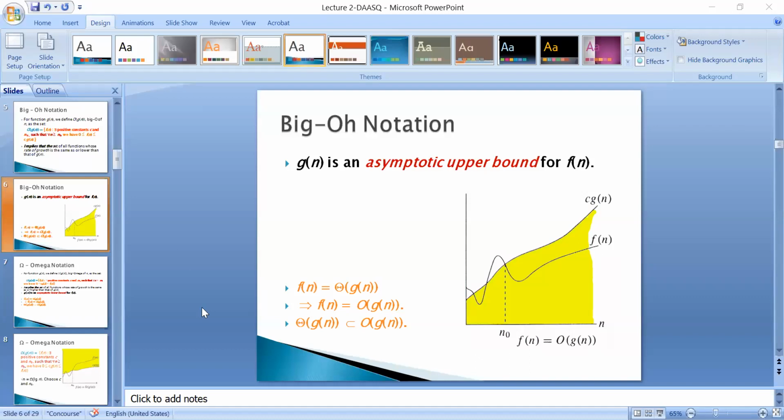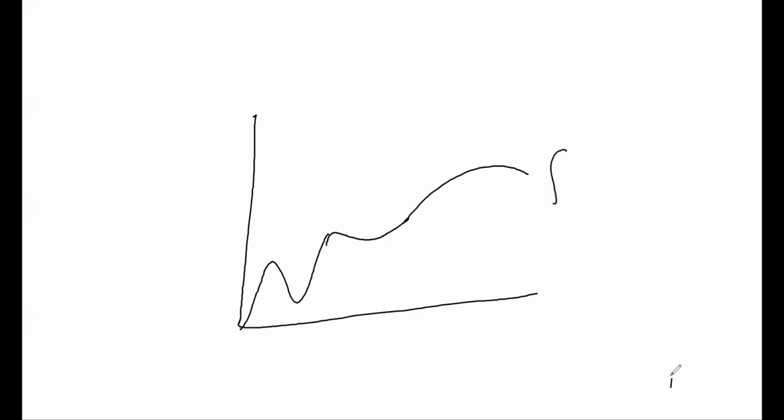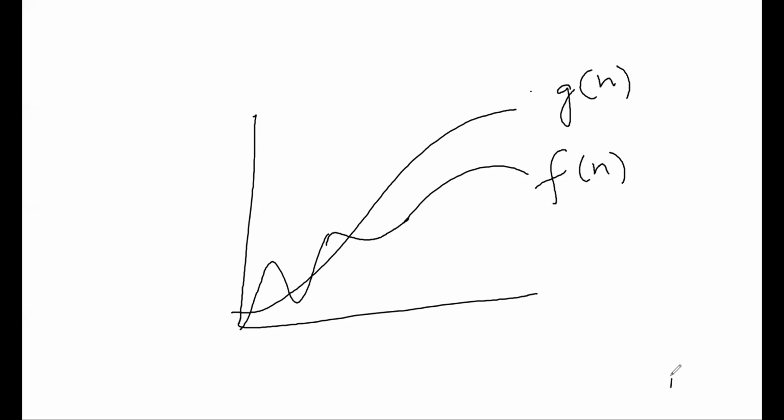Let me just use the whiteboard for some time to explain this graph. So if you see, the graph is like this. This is your f(n) and this is your c·g(n), some constant times g(n).